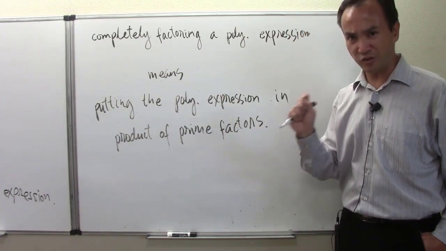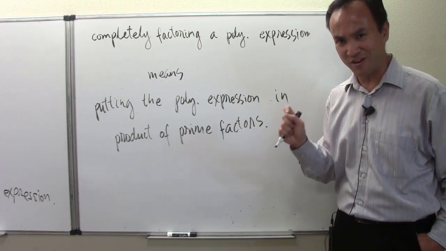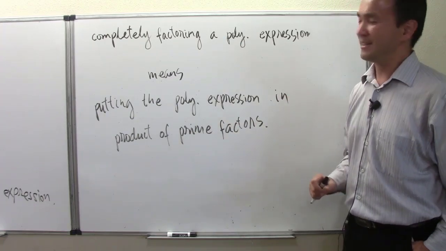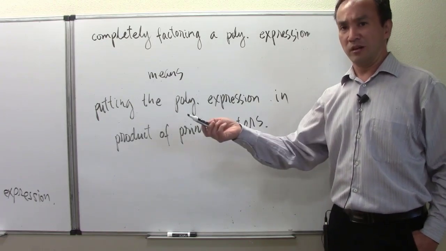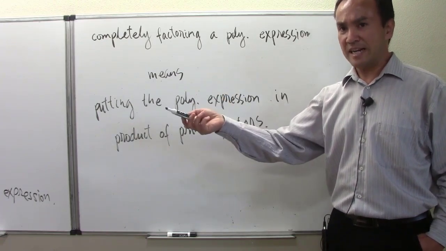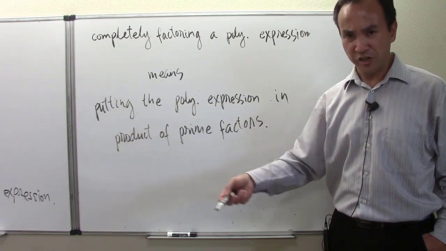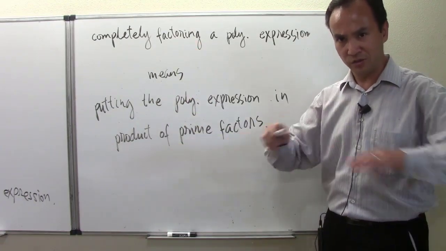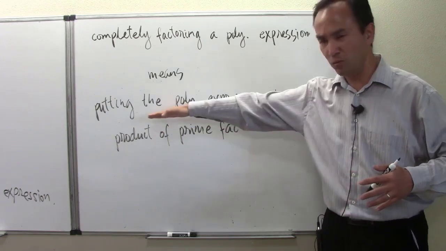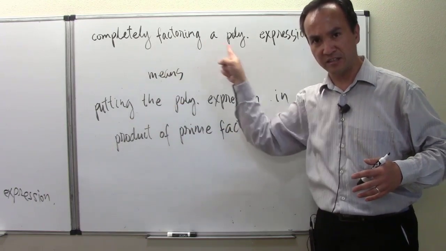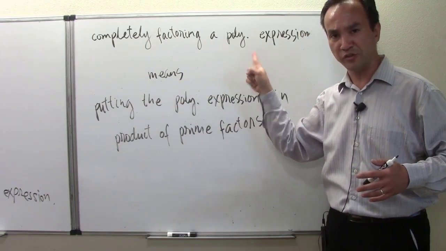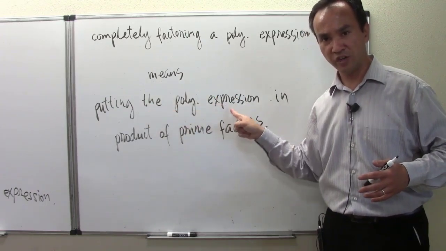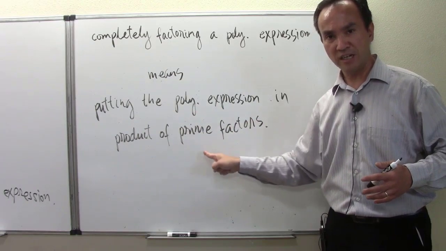The wording sounds different, right? The way we refer to it sounds different, but it really means the same process. So at the end of your lessons about completely factoring a polynomial expression, to unlock all of that secret, another way of seeing that completely factoring a polynomial expression means you have been putting that polynomial expression into a product of prime factors.